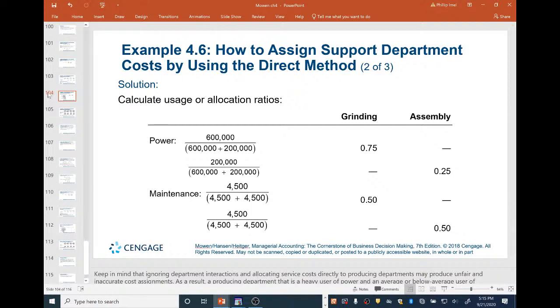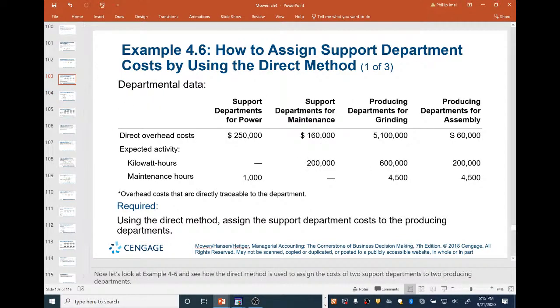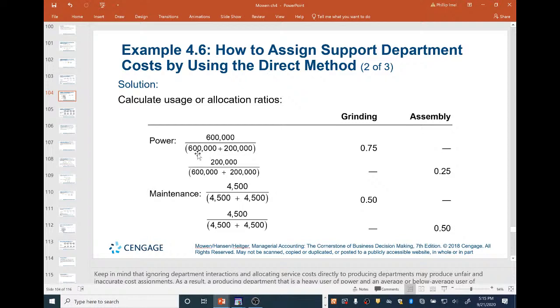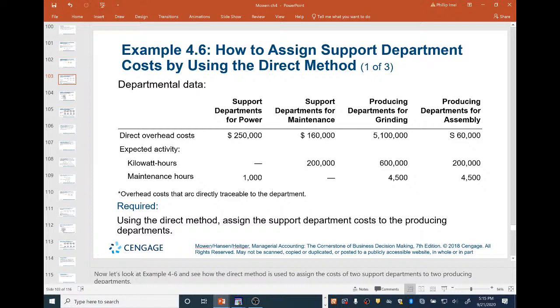So this is going to be the solution to doing so. For the power, we want to take the 600,000 for the power, okay? 600,000 over 600,000 plus 200,000. That's the 600,000 because we're moving it to the grinding right here. Divided by the 600,000 plus the 200,000, so it's over the total hours.